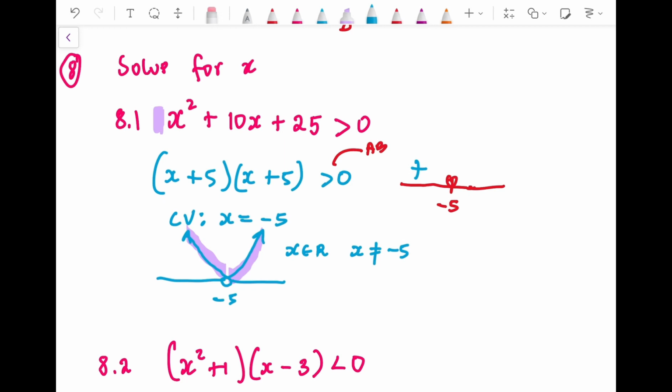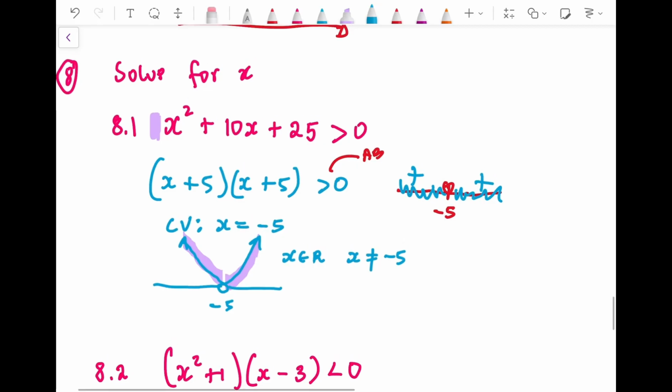The part where we would put negative is not here, because we only have one critical value, so it will be positive and positive. The middle part is missing. Greater than 0 means positive, so here is your positive everywhere except at −5. So still the answer is x is an element of all real numbers, x is not equal to −5.